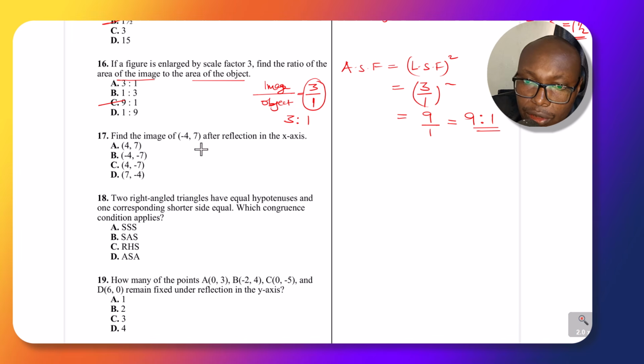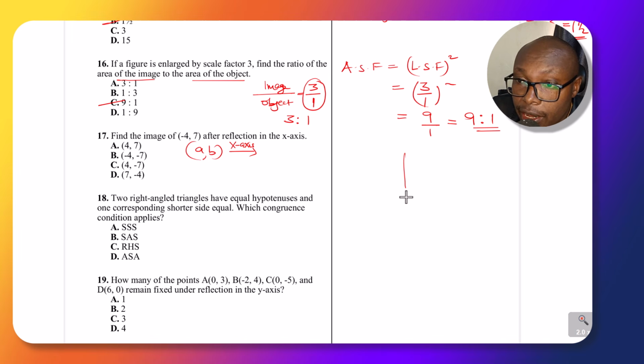In general, if you have a point (a, b) and it is reflected along the x-axis, what changes and what remains the same?